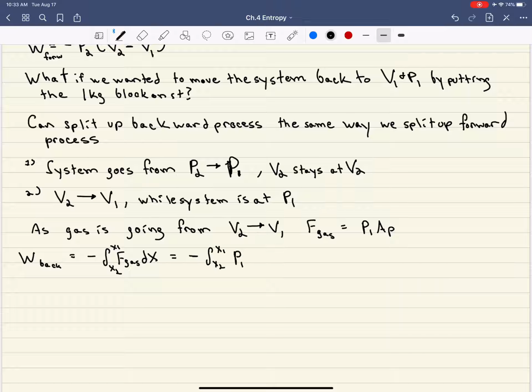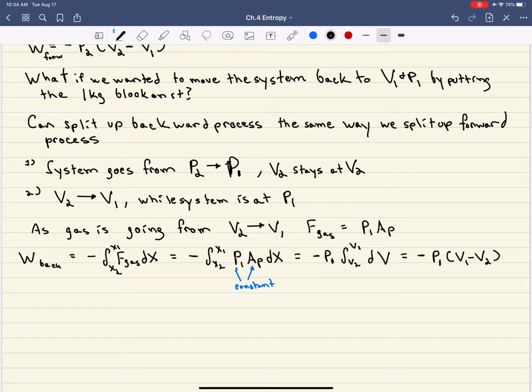So it's going to be P1 A dx. As the volume is changing, both the area of the piston and pressure 1 are constant. And so we could pull out pressure 1. We now have the volumes in here. And what we get is P1 times V1 minus V2. Okay?